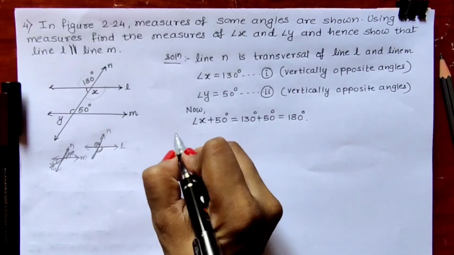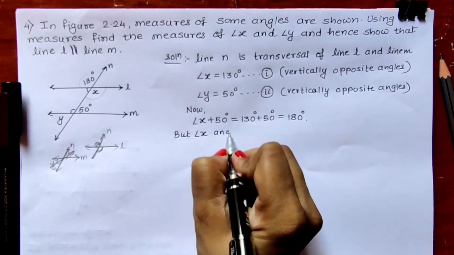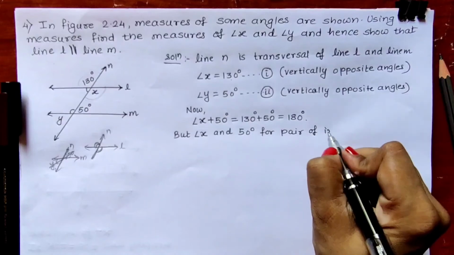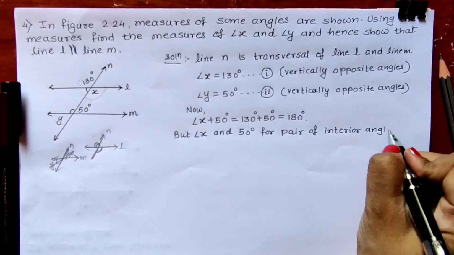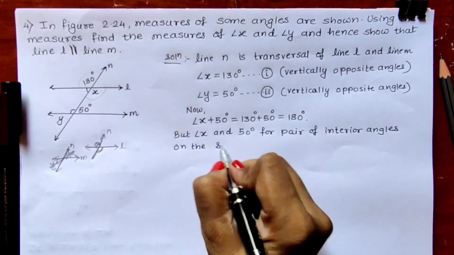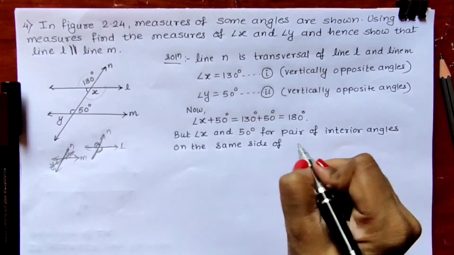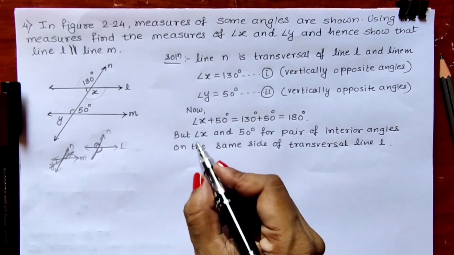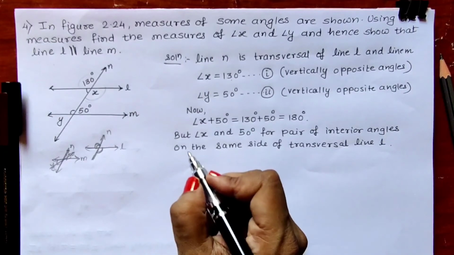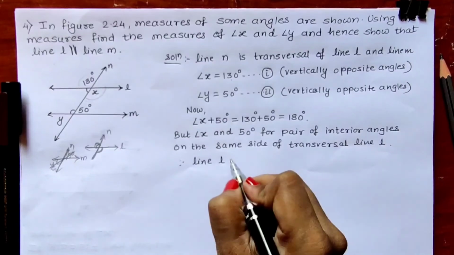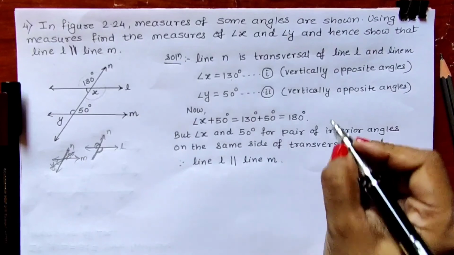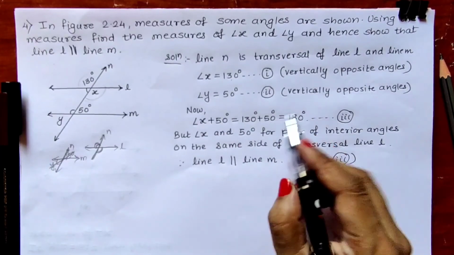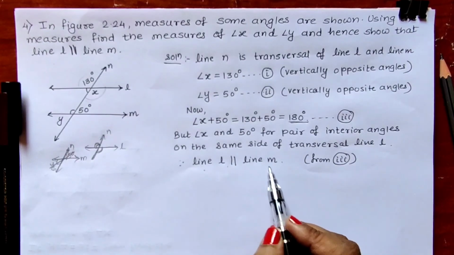So here we will be writing, but angle X and 50 degree angles form pair of interior angles on the same side of transversal line N, and this pair of interior angles is supplementary, and therefore line L is parallel to line M. From 3, pair of interior angles is supplementary, and that's why line L is parallel to line M.